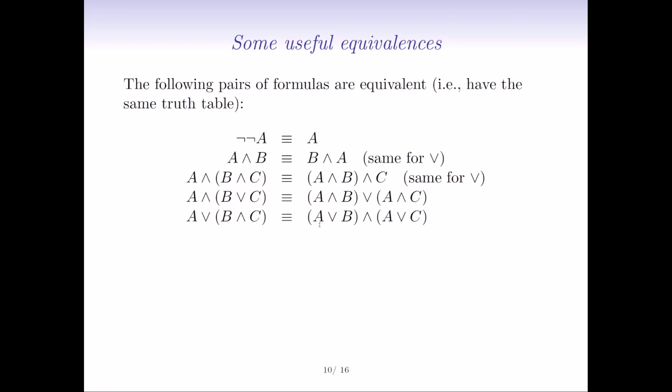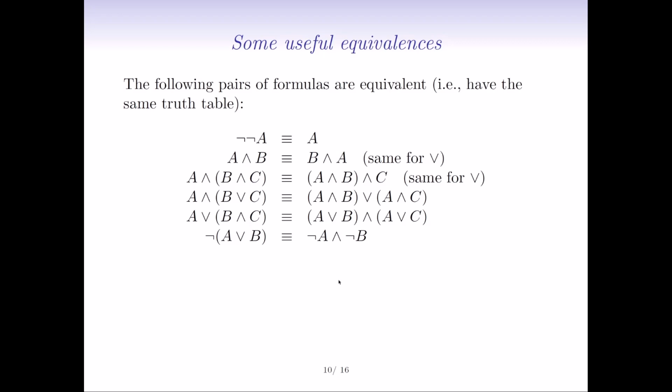On the other way around, if I have (A or B) and (A or C), well, in that case, either I have A, in which case I have A or (B and C), or I don't have A, in which case I must have B and I must have C, in which case I have B and C, and therefore I also have A or (B and C). So this is a way of distributing conjunction and disjunction, but now in the opposite direction.